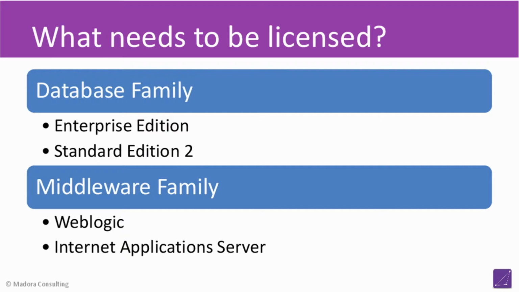So, for example, if you buy 4 processors of Database Enterprise Edition for a particular server, you must also buy 4 processors of any options, like partitioning or the diagnostic pack that we've just mentioned. Most of the middleware products, like Application Server and WebLogic, are also licensed in a similar way. There are a few differences, and we cover those in the training modules, but in general they are licensed in the same way.